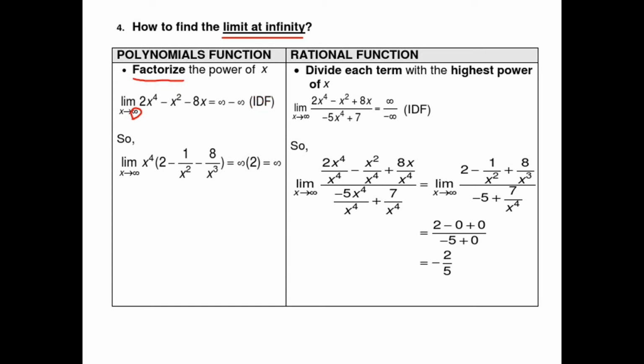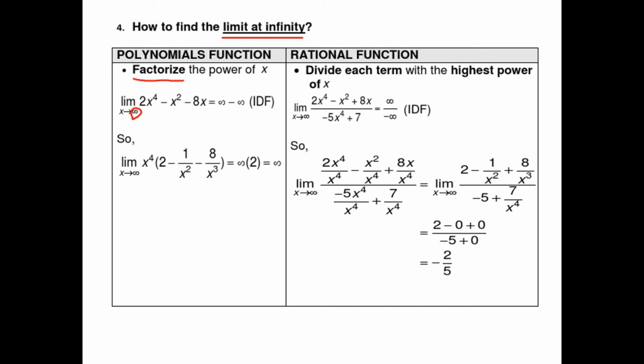So to solve this question, we can factorize the power of x. Limit as x approaches infinity, we factorize the power of x here: x to the power of 4 times 2 minus 1 over x squared minus 8 over x cubed. And then substitute infinity in this function.